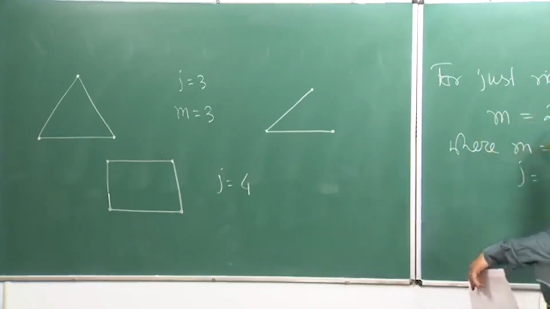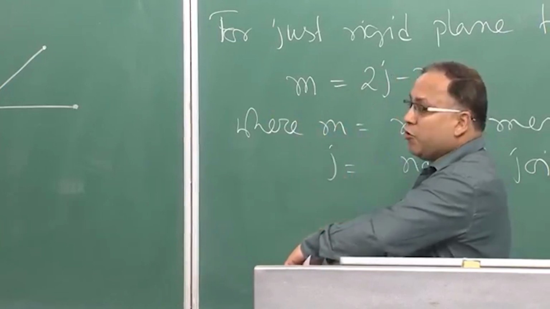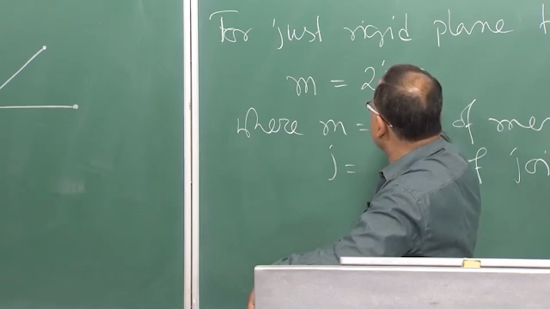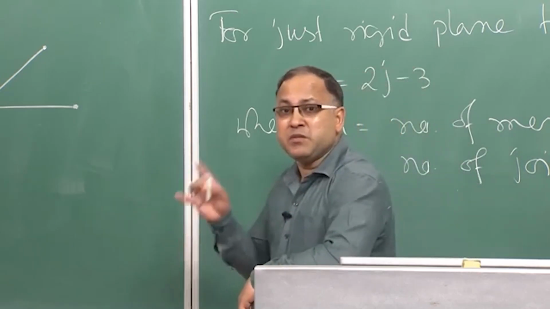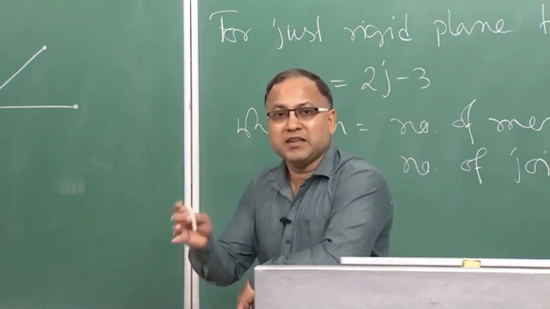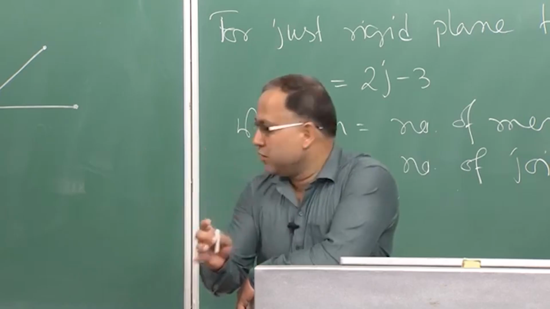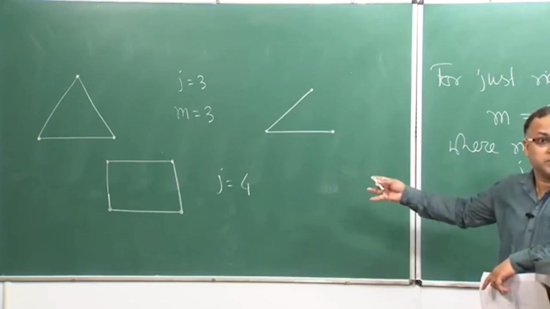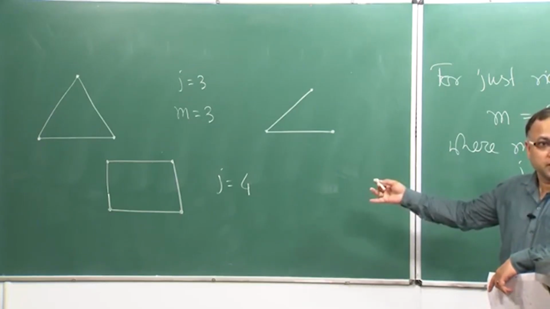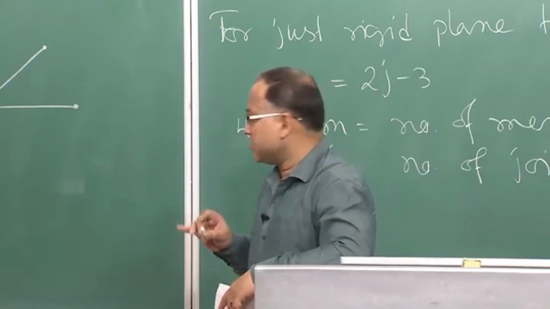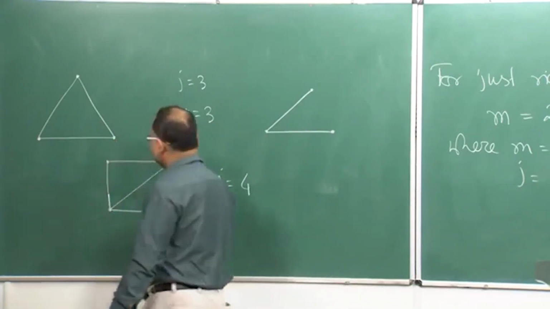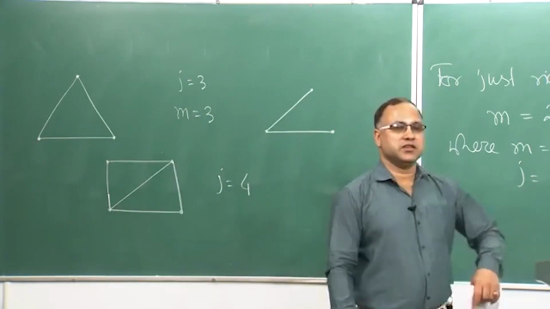If you put it in this equation, how many members should you get for the rigid structure? 2 into 4 is 8, minus 3 is 5. So, minimum 5 members are needed for the just rigid structure, but how many members are there? 4. Therefore, it is not the rigid structure, and already we have proved this. If you connect one more member, then it will become the just rigid structure.